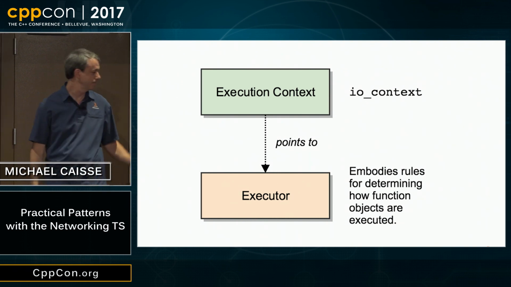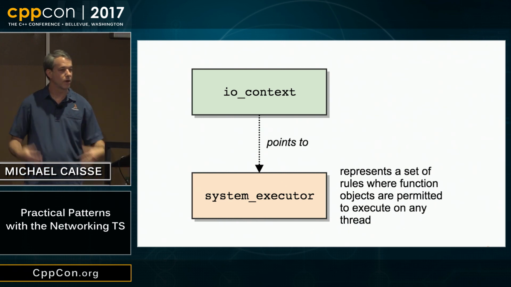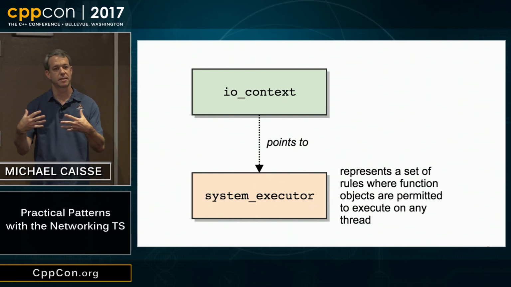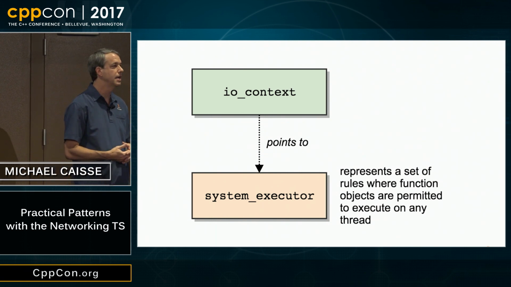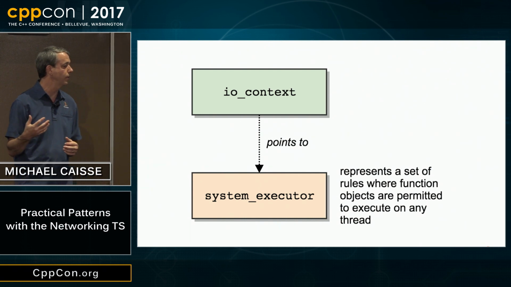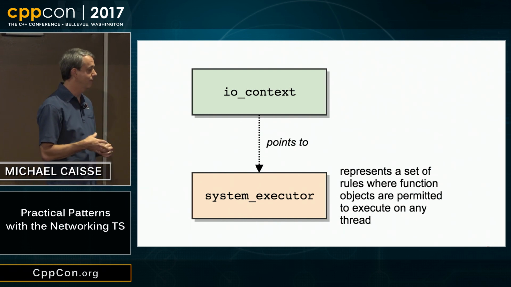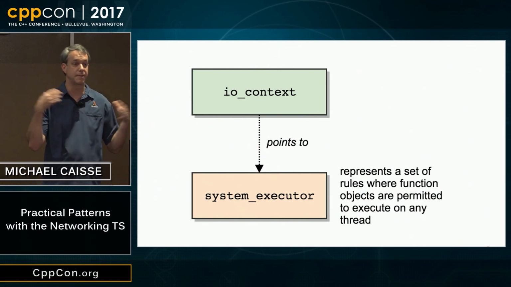Clicker is not clicking. I'm going to be tethered here. For us, when we have an I/O context, you haven't seen that we've been creating or associating executors. By default, we get the system executor. The system executor represents a set of rules in which function objects are permitted to be executed all at the same time.